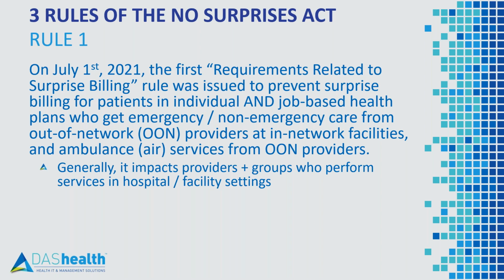Generally, this is going to impact providers or groups who perform services in a hospital or facility setting. Basically, this is going to regulate balance billing for certain services at in-network facilities. It's going to include things for emergency services and all services performed by ancillary providers as well.